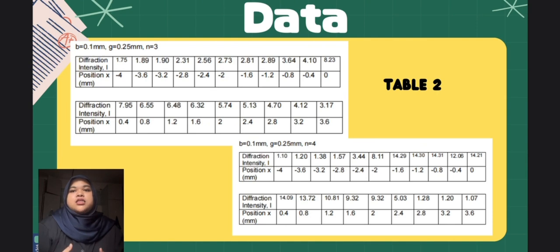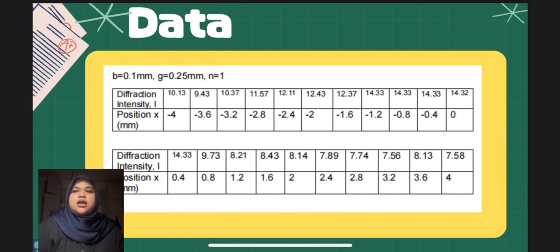Data symmetric around x equals 0 is aligned with the theoretical prediction. The diffraction patterns are symmetric with respect to the central maximum.